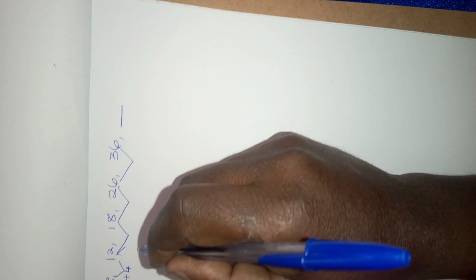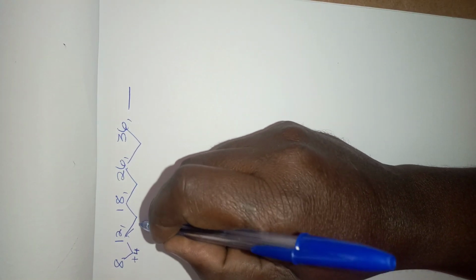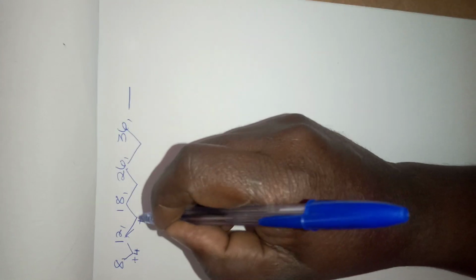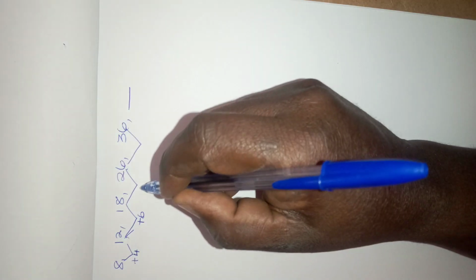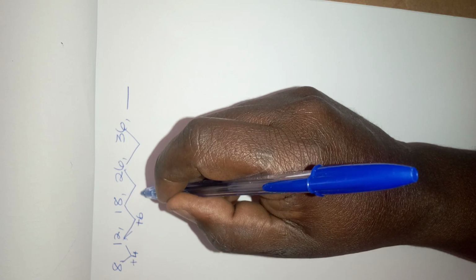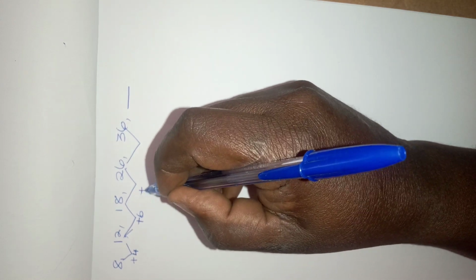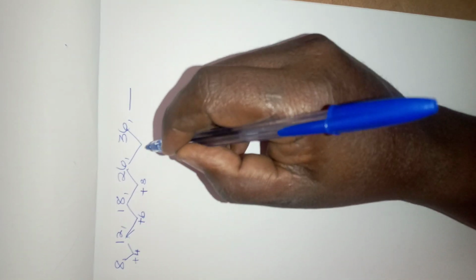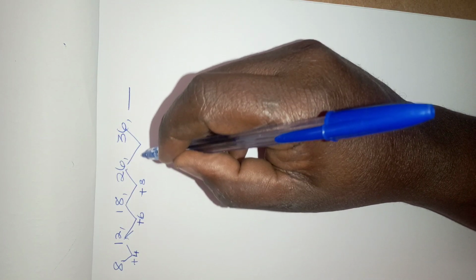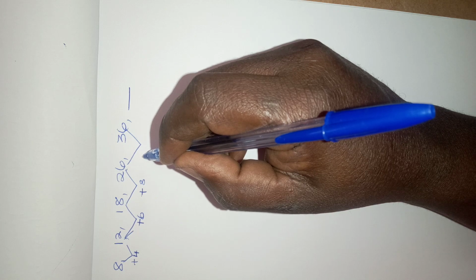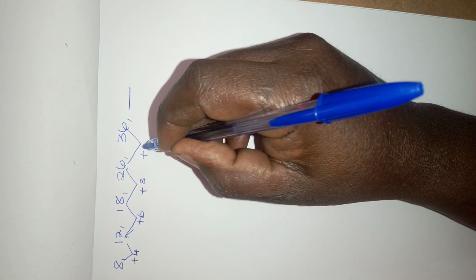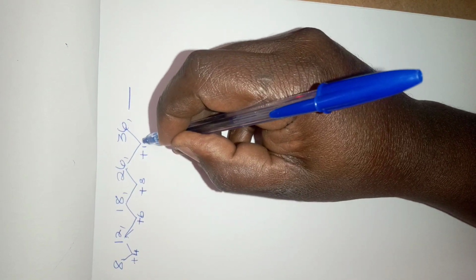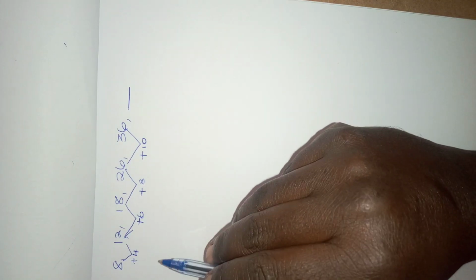Between 12 and 18, the number increases by plus 6. Between 18 and 26, the number increases by plus 8. And lastly, between 26 and 36, the number increases by 10.